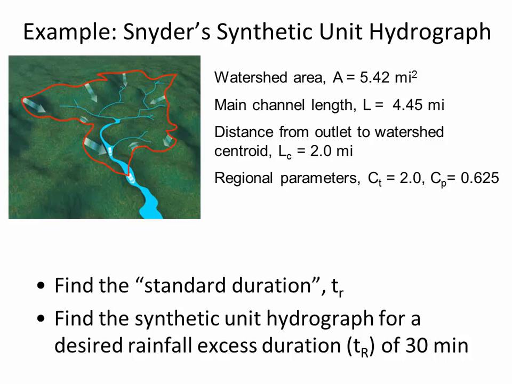This is lowercase r. It is T sub p divided by 5.5. So 3.853 hours divided by 5.5, 0.70 hours. So that's the standard storm duration.